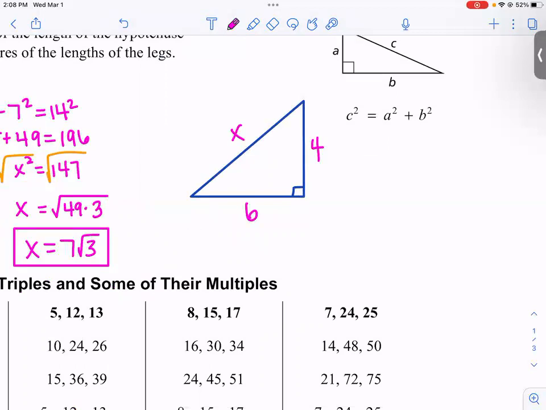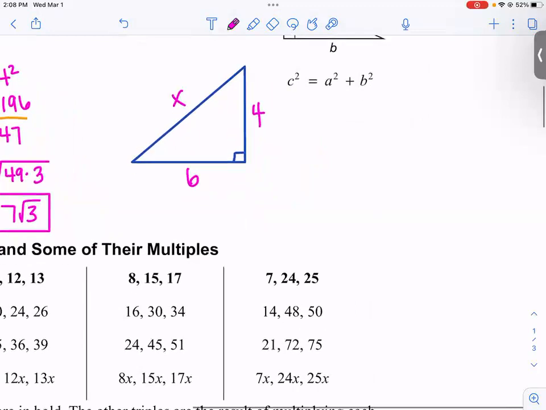Write this one down. Since x is across from the right angle, it's our hypotenuse.